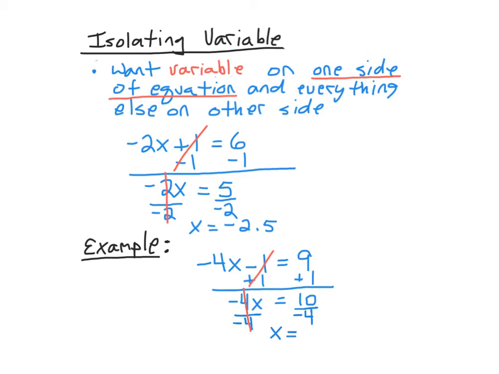And then on the other side, I can simplify the fraction, where I can essentially take a 2 out of the top and bottom. And when I simplify that, I'll end up with negative 5 halves. Turns out it's the exact same answer we had in the previous example. But that's the idea of isolating the variable, so that all I have left is the x on one side and then anything else on the other side.